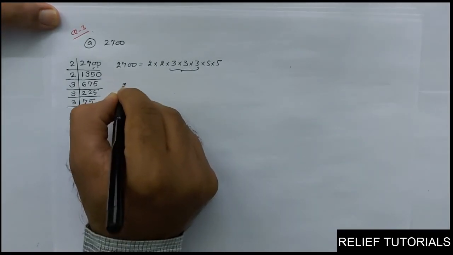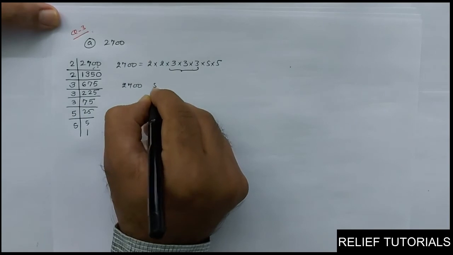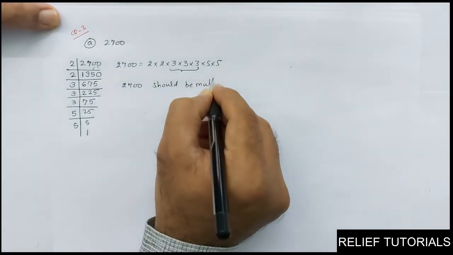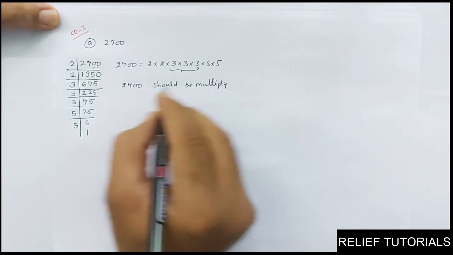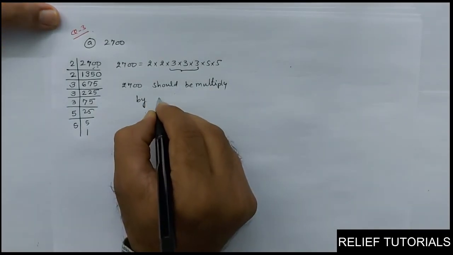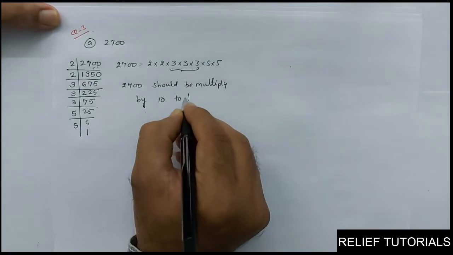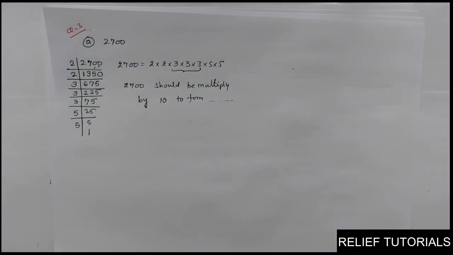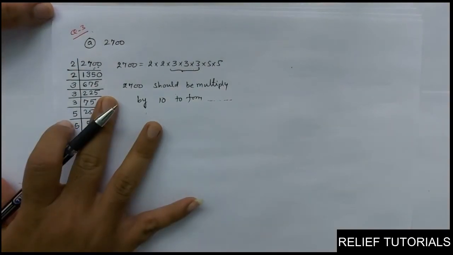So this 2700 should be multiplied by 10 to form a perfect cube number. We don't have to multiply this number actually.